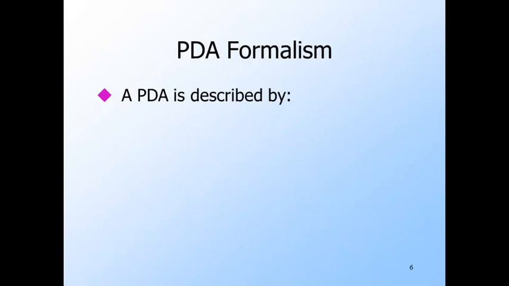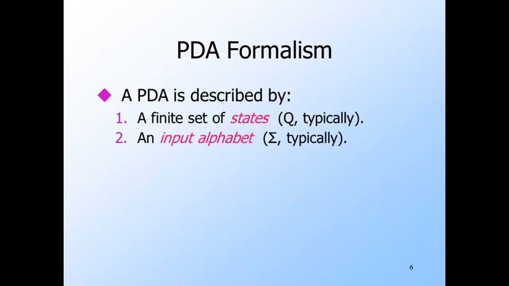Now we'll give the formal notation and usual symbols for the components of a PDA. There is a finite set of states for which we tend to use Q, just as for finite automata. There is a finite input alphabet for which we'll continue to use sigma. There's a finite stack alphabet, the symbols that can appear on the stack. For this alphabet we use gamma.